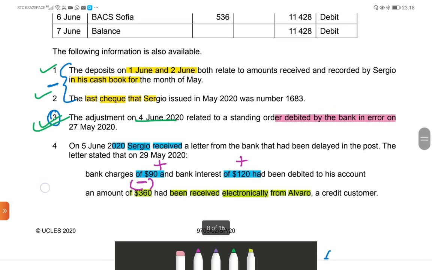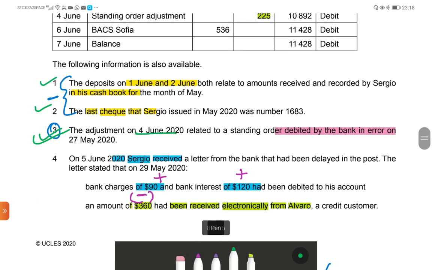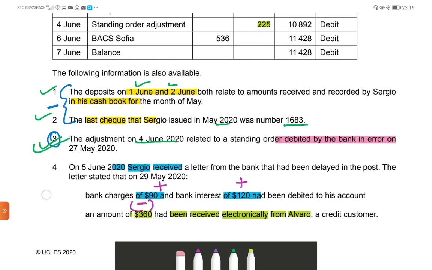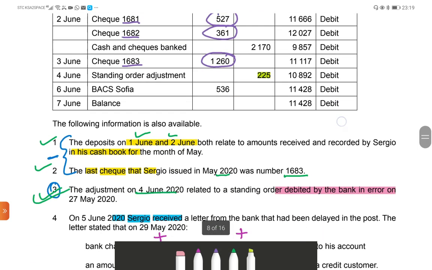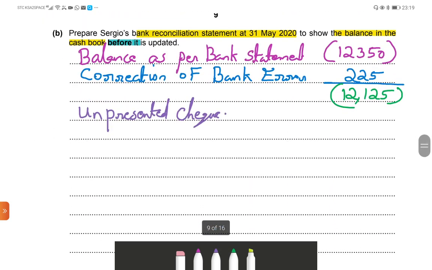When is the date? 1st June and 2nd June. Then the last cheque, 1683 on the May 2020. So 1st and 2nd June: 1681, 1682, 527, 361, then 1683, 1260. So unpresented cheques we have to deduct.